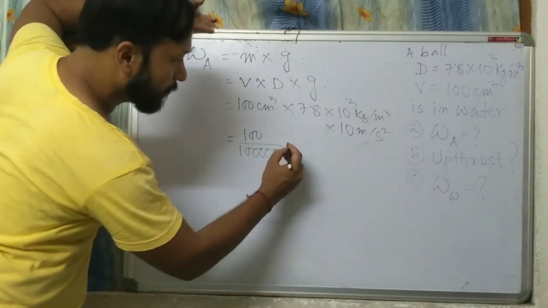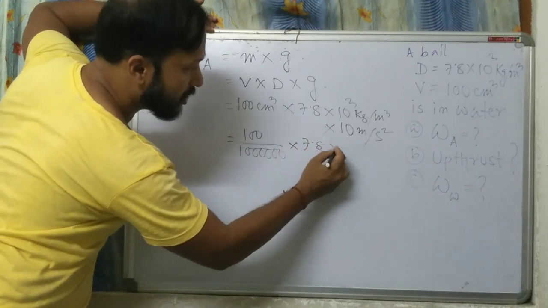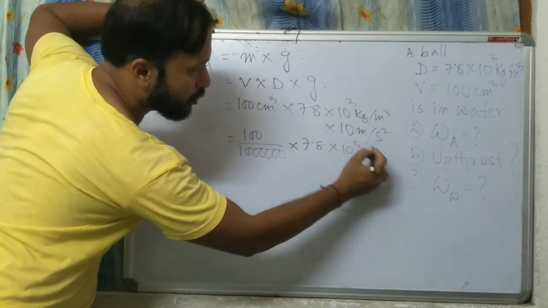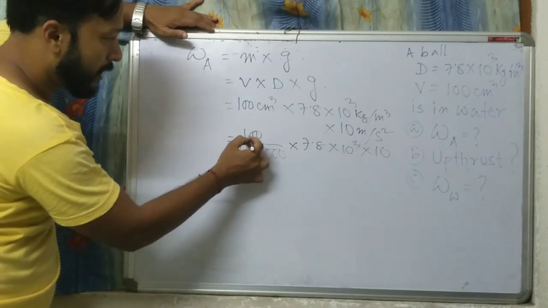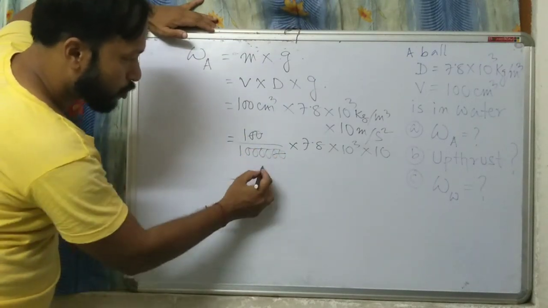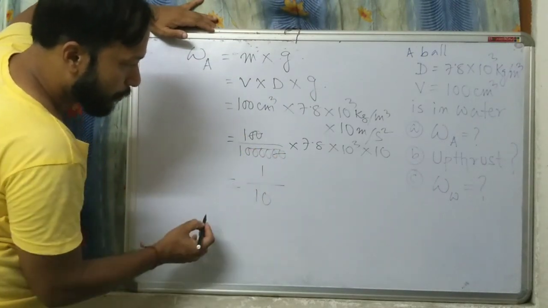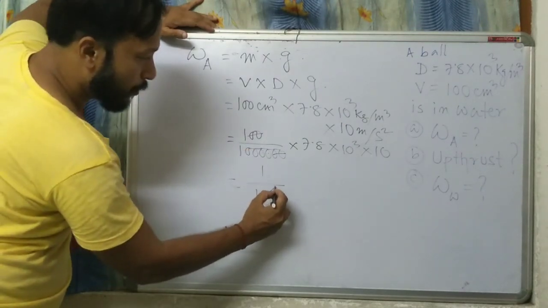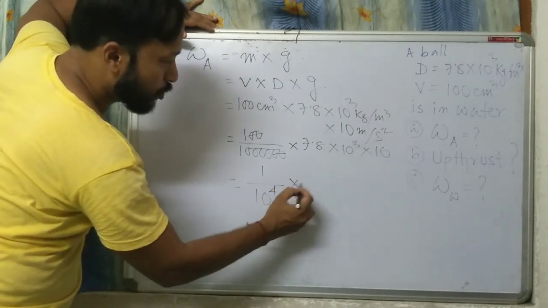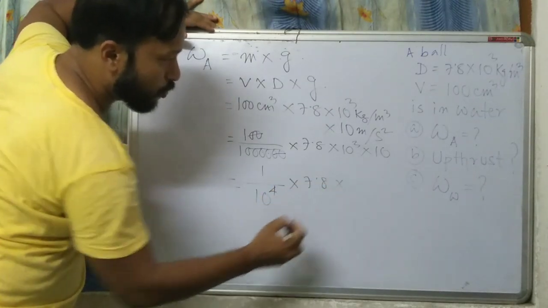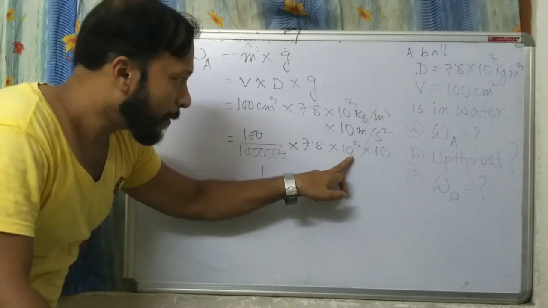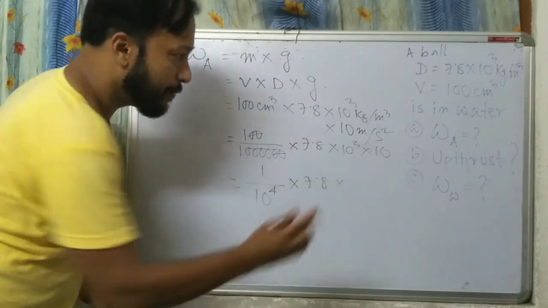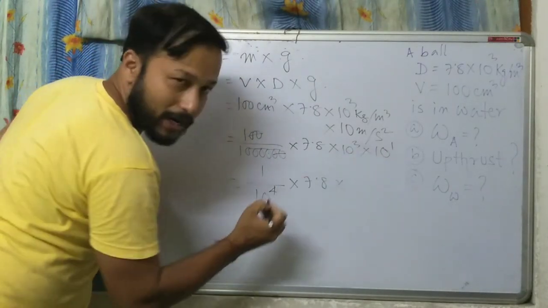Let us calculate: into 7.8 into 10 to the power 3 into 10. Now the zeros cancel, so 1 by 10 to the power 4, into 7.8 into 10 to the power 3, and this 10 is 10 to the power 1.